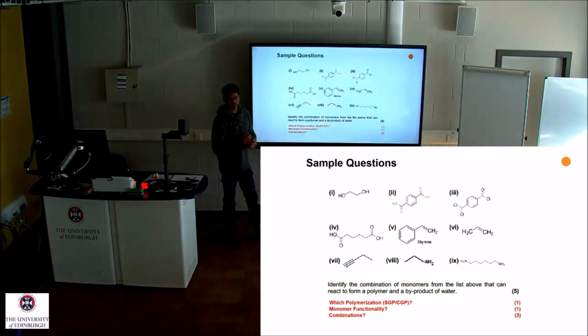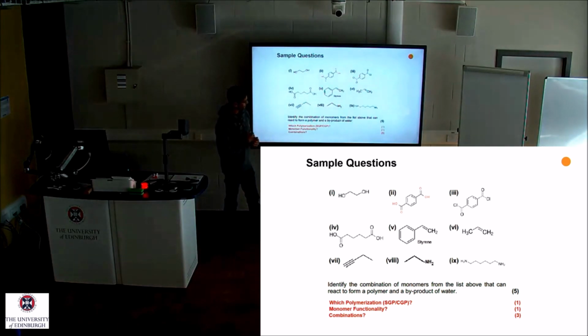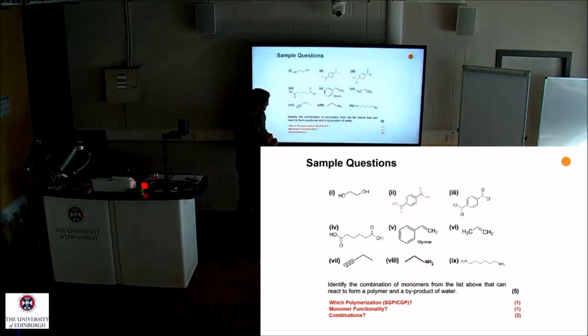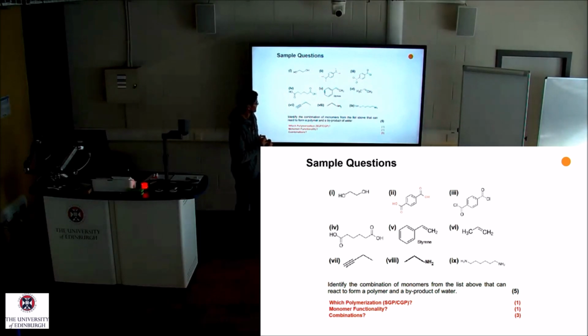They are going to react, and they're also going to give you water as a small molecule. And what else is left behind? Yeah. So I think almost all the combinations are done.